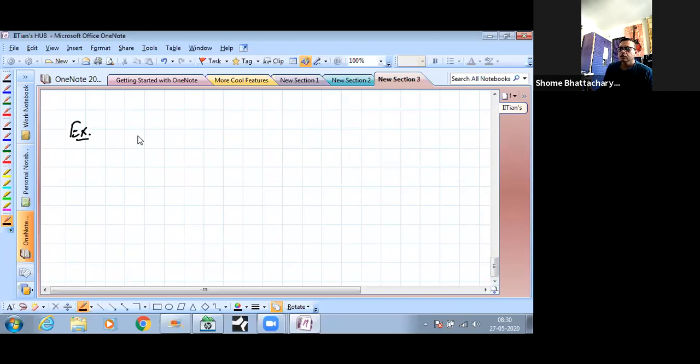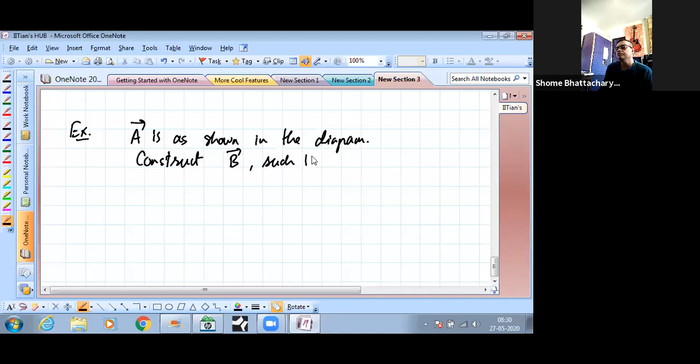Example: vector a is as shown in the diagram. Now construct vector b such that b is 3 by 2 times a. Suppose this is a question that's given to us.